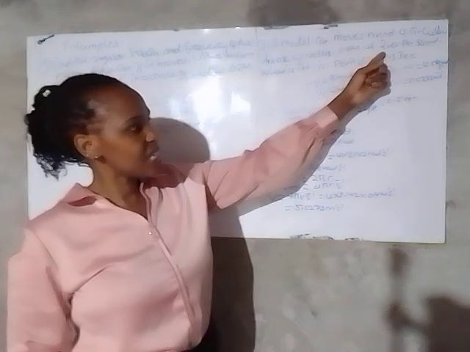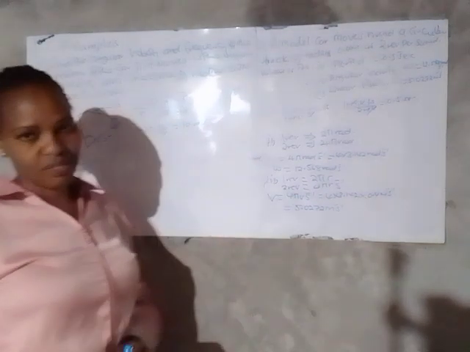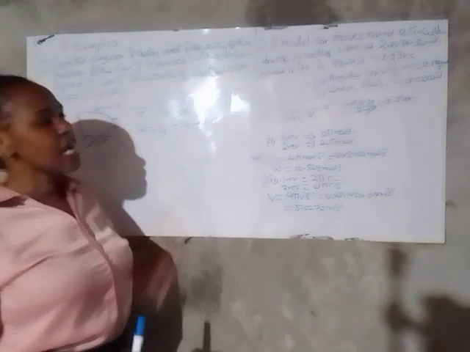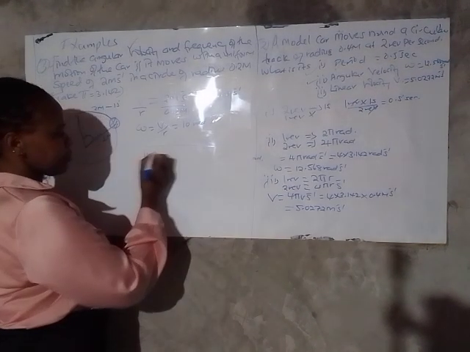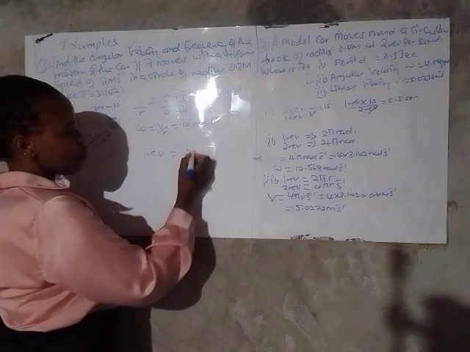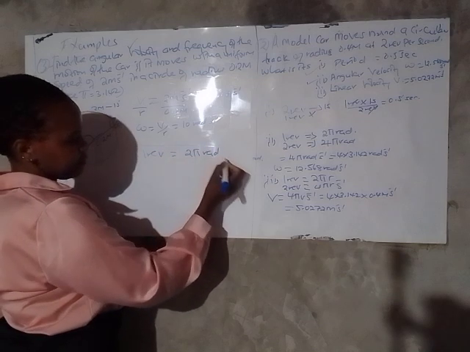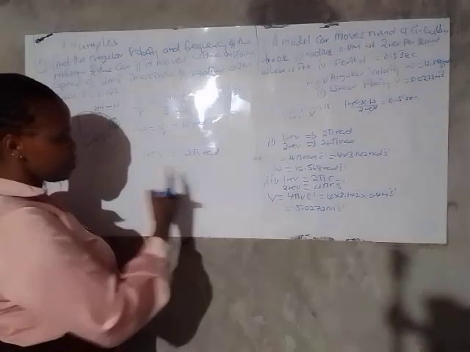It's like we are talking about here, 2 revolutions per second, that is frequency. So in our case here, how many revolutions per second? Now we know one revolution is 2 pi radians.